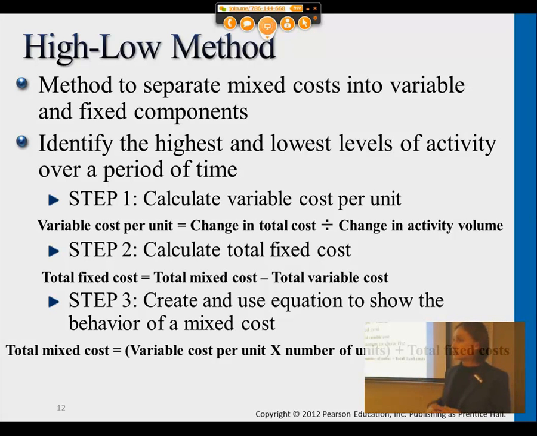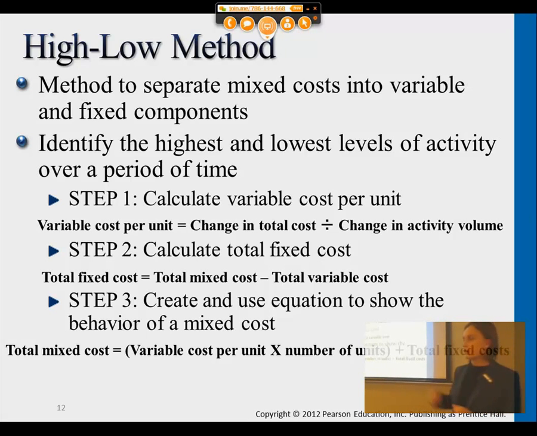This method allows us to distinguish which cost is which, but it's not as precise as, let's say, your regression. In cost accounting, you would do much more complex and difficult computations. This is something to approximate the cost.